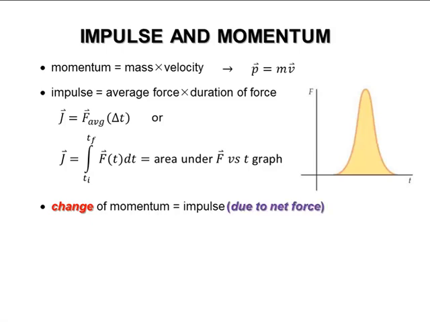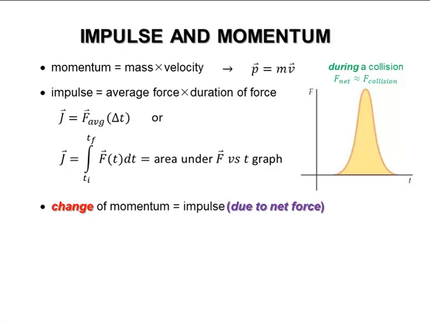Now technically, the impulse has to be due to the net force, not just to a particular force. But the concept of impulse and momentum is usually applied to situations like collisions, or the example of the baseball and the bat, where you have a very violent interaction that is short-lived.